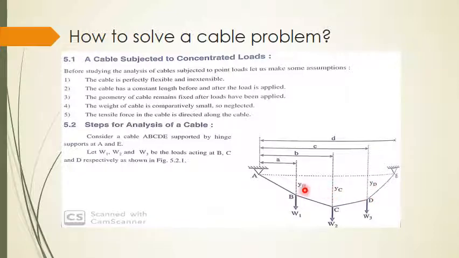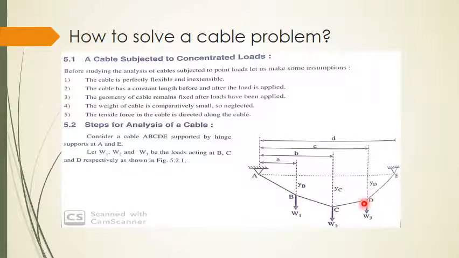One of the dips in the cable, that is either YB, YC or YD, will be given in the problem, and our task will be to find the reactive components at A and E, to find the tensions in each segment of the cable like AB, BC, CD, DE, and to find the remaining two dips. So for example, if YB is given, we have to find YC and YD.